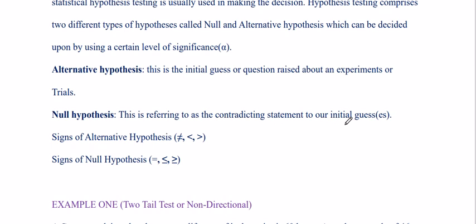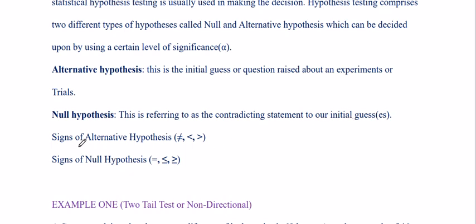When you say something initially, or consider something, or thought about something, that thing that you initially thought of is called the alternative hypothesis. Then you have to contradict your initial thought. In contradicting it, we are talking about the null hypothesis.